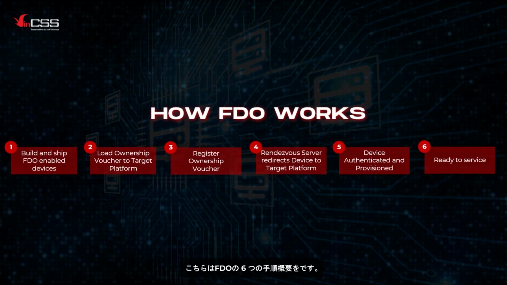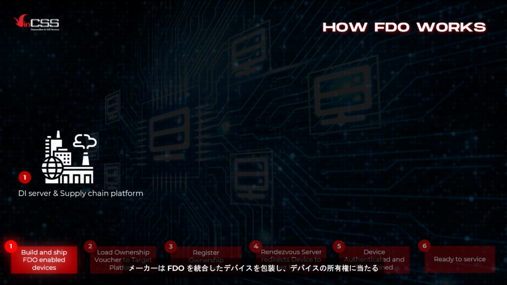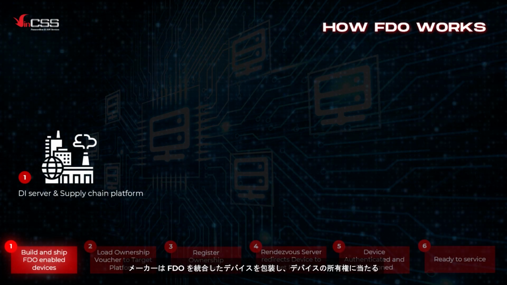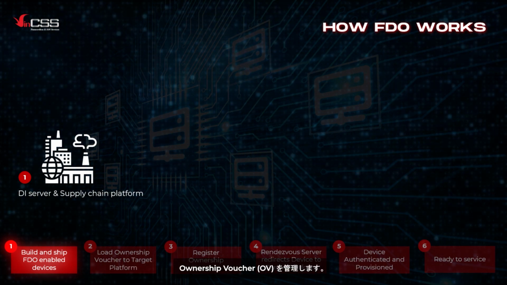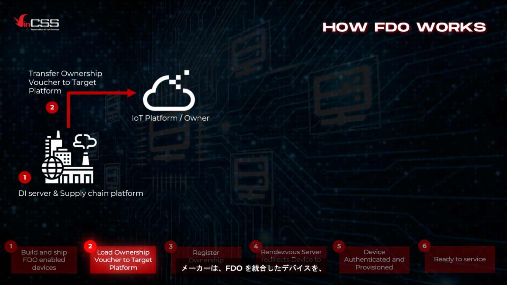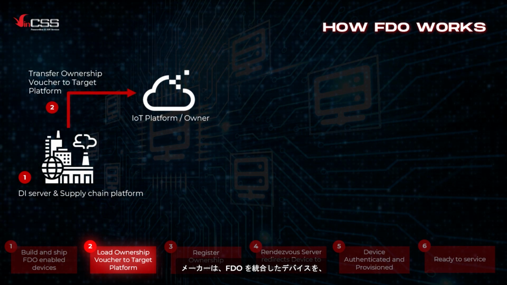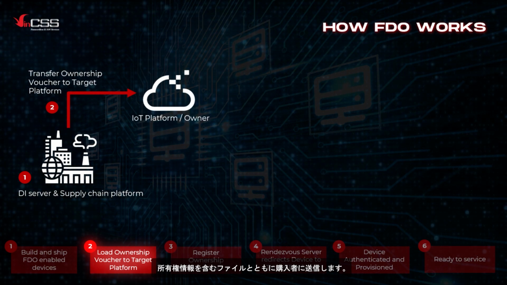Here are the 6 summary steps of the FDO flow. Manufacturers package FDO-enabled devices and manage ownership vouchers, OV, that represent the ownership of the devices. Manufacturers ship FDO-enabled devices along with files that contain ownership information, called ownership vouchers, to their buyers.